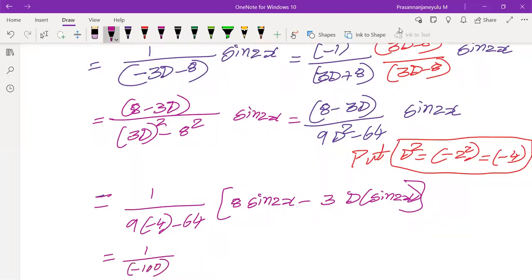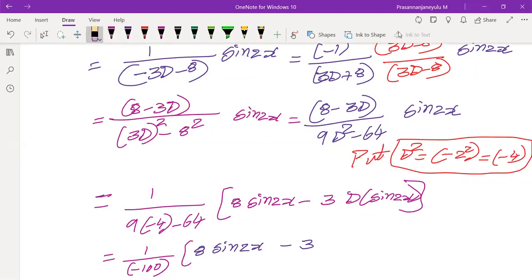And the numerator part will be 8 sin 2x minus 3 into, what's the differentiation of the sine function? Cos. What's the differentiation of sin(ax plus b)? a into cos of ax plus b. What is the value of a here? Here it is 2. So 3 2s are 6.